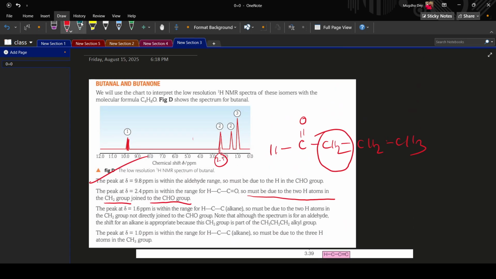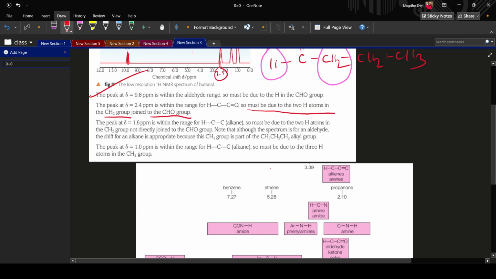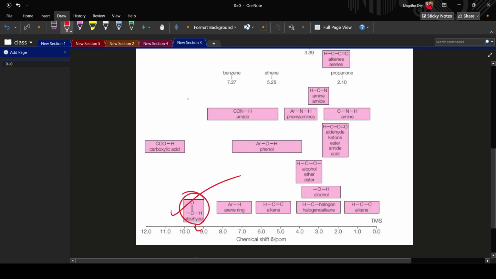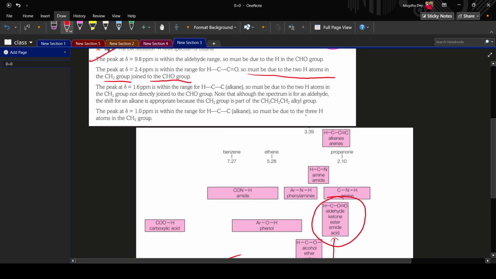This down here is this, and this down here is this, and the next part. See, 2.4 falls here, right? Which is this one. That's what they're trying to say.